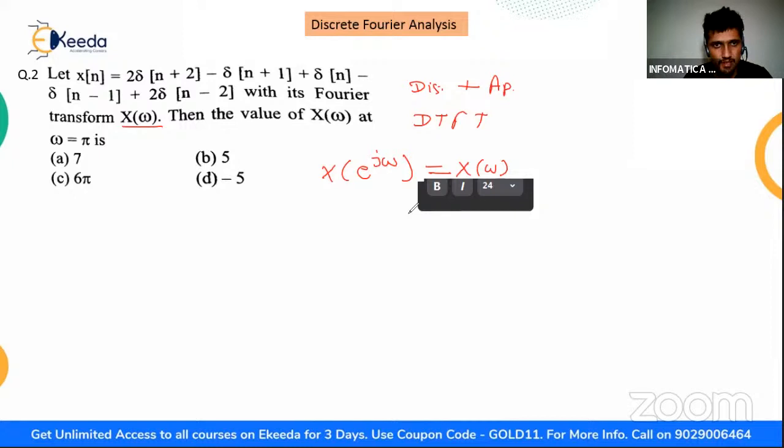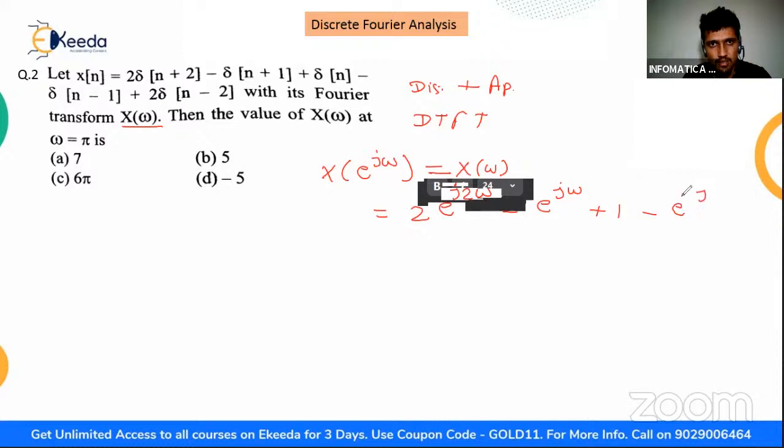So this will be 2 e to the power j 2 omega minus e to the power j omega plus 1, then again minus e to the power minus j omega.